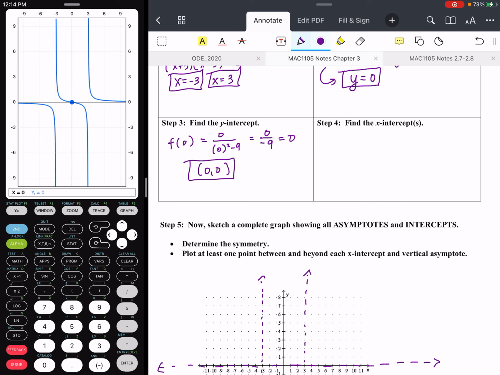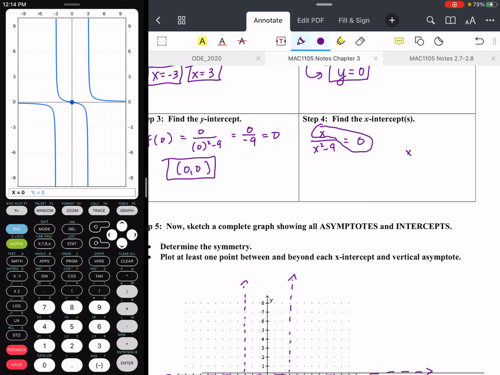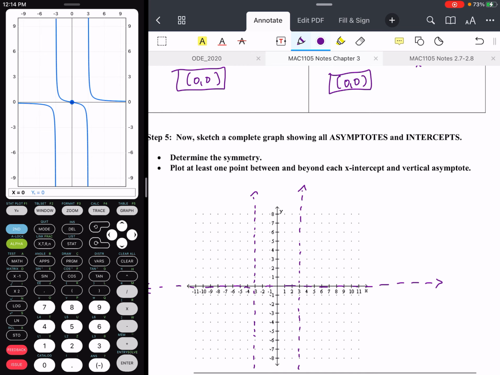Find the x-intercepts. This is where we set our function equal to 0. So x over x squared minus 9 equals 0. Because I have a rational function, I'm basically just setting my numerator equal to 0. So if y equals 0, then that means x equals 0 as well. So the x-intercept and y-intercept are one and the same, just occurring at the origin.